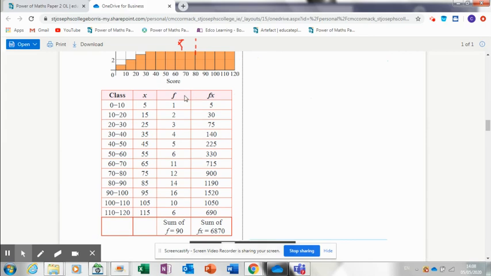I looked at the wrong one. This is my frequency: 1 and 2, 3 and 3, 6 and 4 is 10, 5 is 15, 21, 31, 32, 42, 44. So that's 44 there. Now, if I add in 14, I get 56.